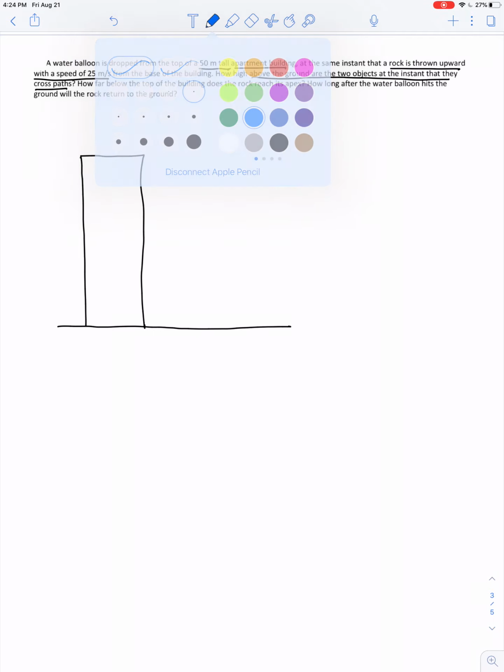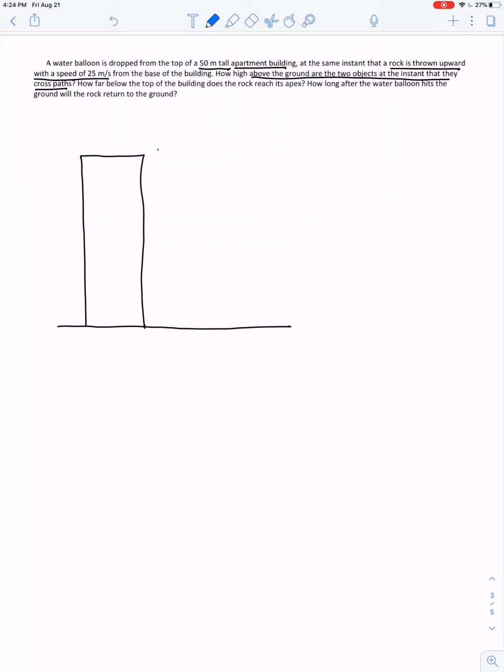So here's our apartment building. Here's the ground. Let's make the water balloon blue. Okay, and then there's a rock that's thrown upward.